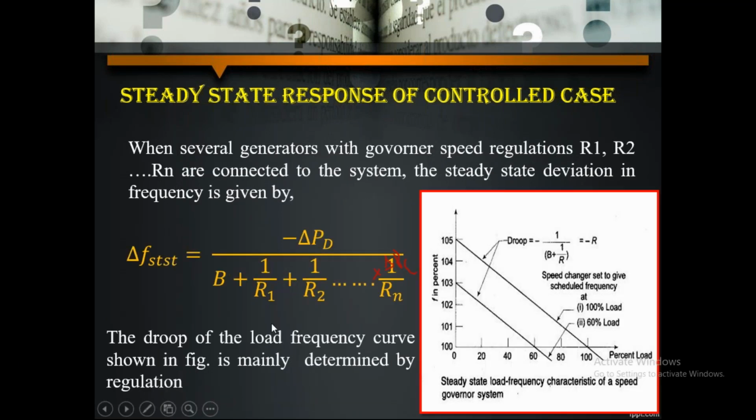So this is the steady state response for use. Here this is the positive sign. This is the equation for multiple generators connected while performing speed governing regulations.